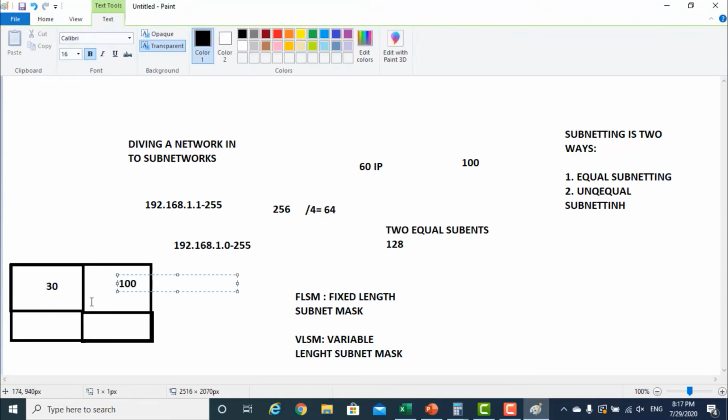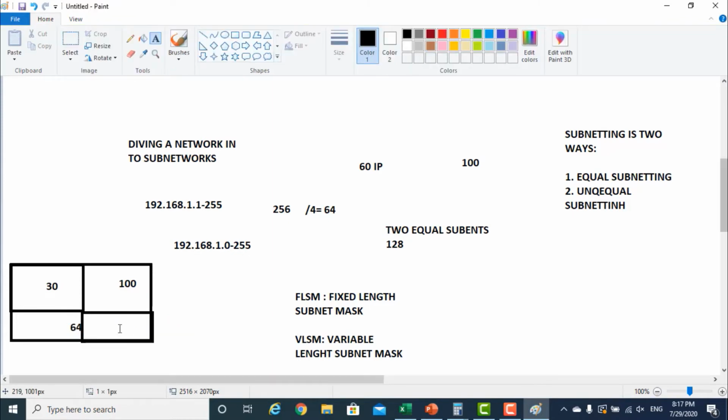Another one requires 100. The other one requires, for example, 64, and the other one requires, for example, 40. So in this case, if you divide a network into 4 equal parts, everyone will have 64, which is not sufficient for this. And if you divide it by 2, you cannot afford all of them. So one subnet size is not sufficient. In this type of division, you need to use the VLSM technique, which is to separate a network into multiple variable subnets, where every subnet has a different size.